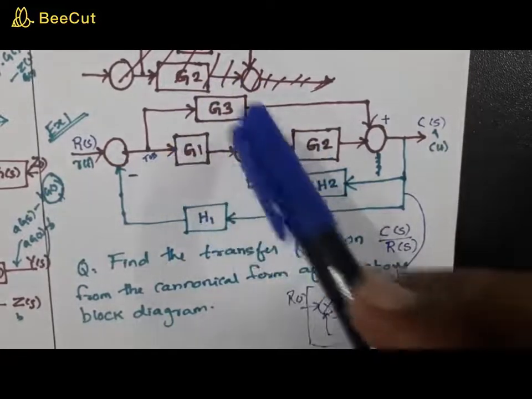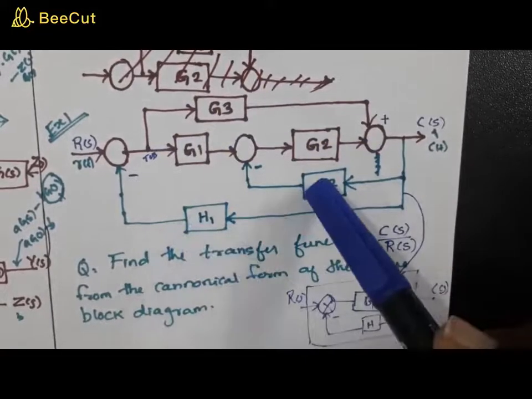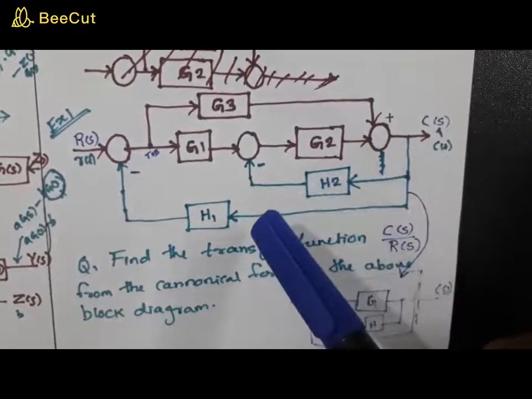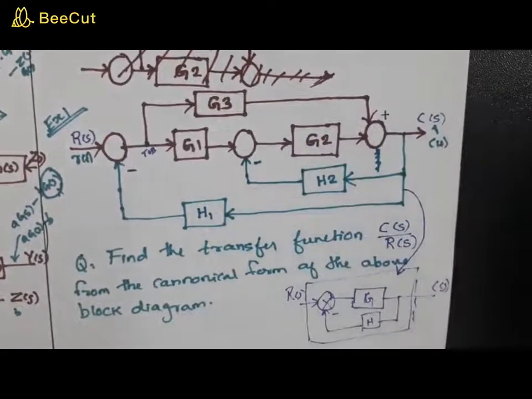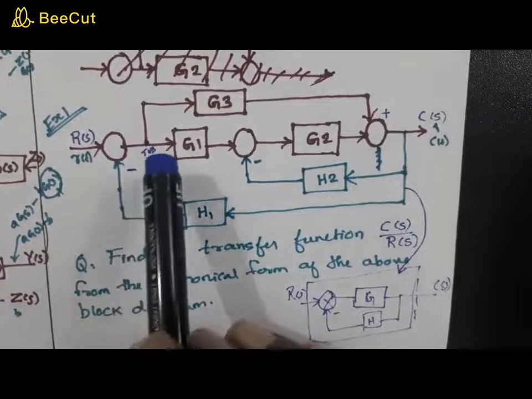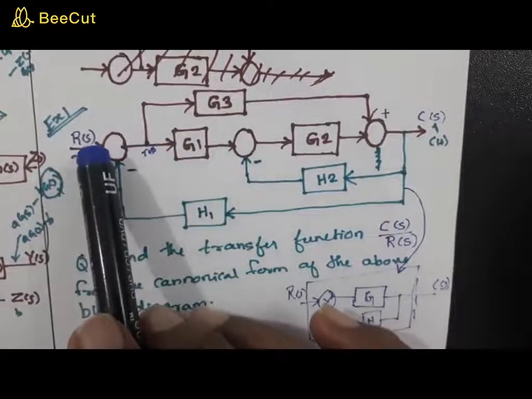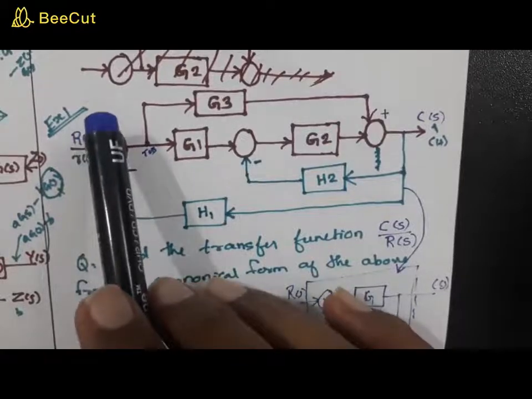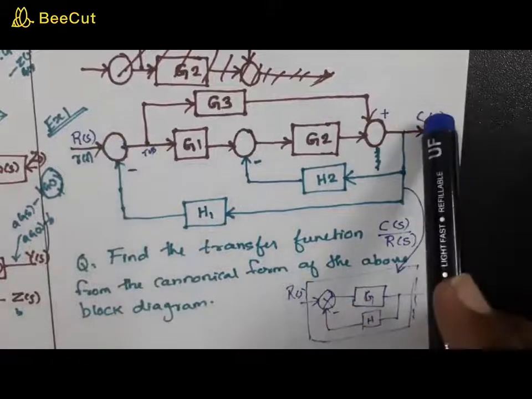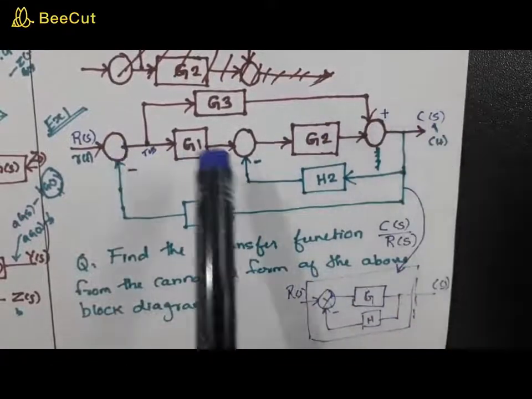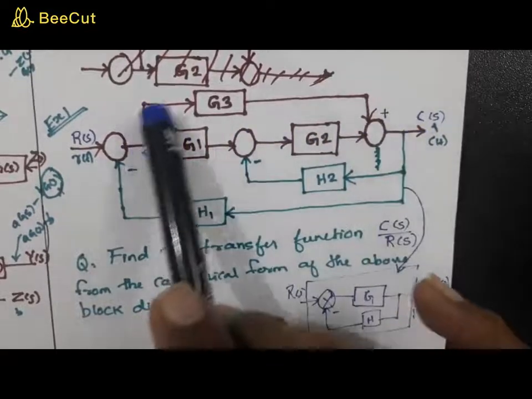Now G1, G2, G3 represent the forward transfer functions, while H1, H2 refer to the feedback path transfer functions. Looking at this, you have two forward paths. What I mean by forward path is, if I send a signal from this point, that signal can reach C of t in two different ways. Straight away it can go through this way or through this way.